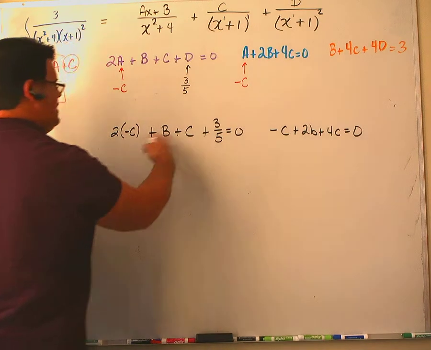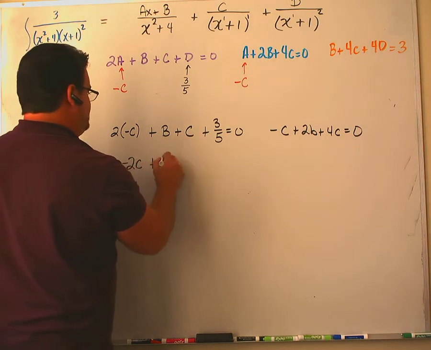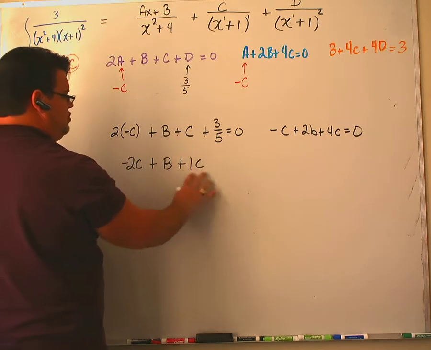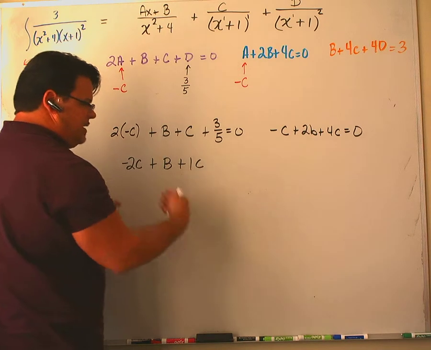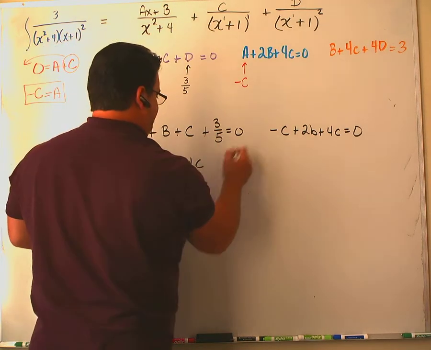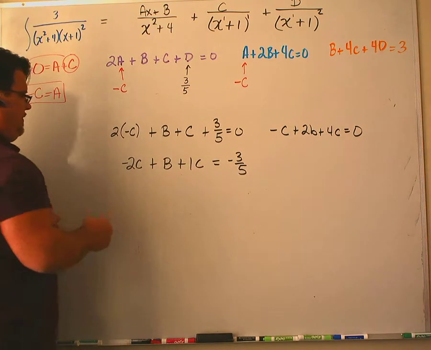And we clean this up a little bit with a little bit of algebra. We get negative 2C plus B plus 1C, and I put a 1 there so the combining of like terms will click, and that 3/5 will come over as negative 3/5.